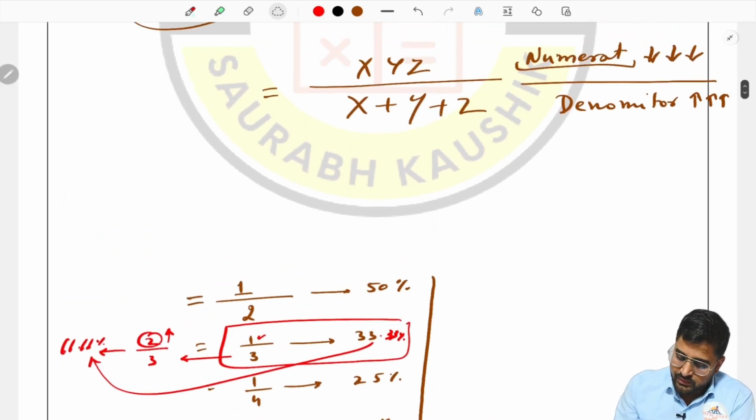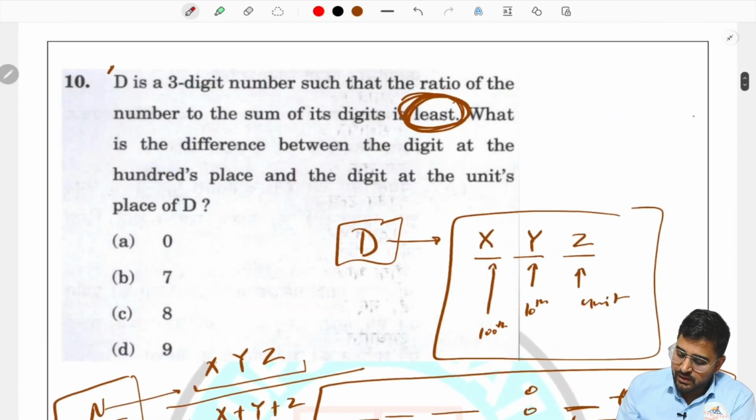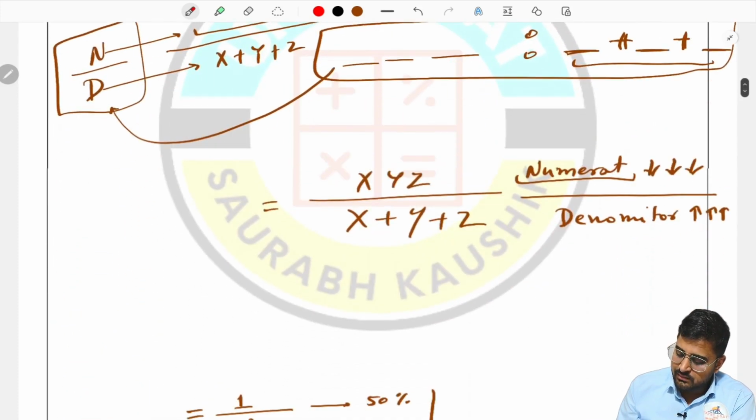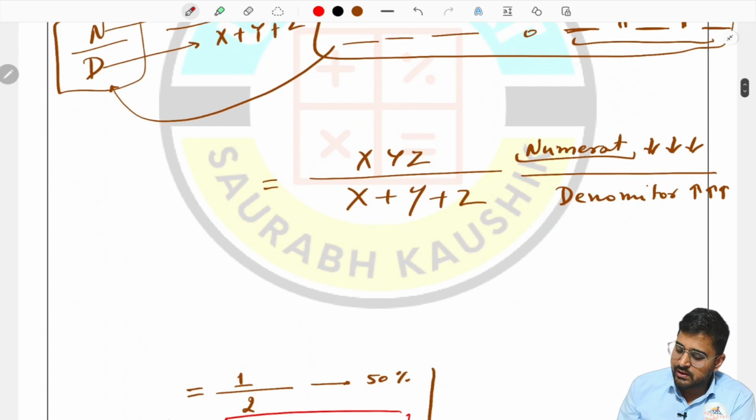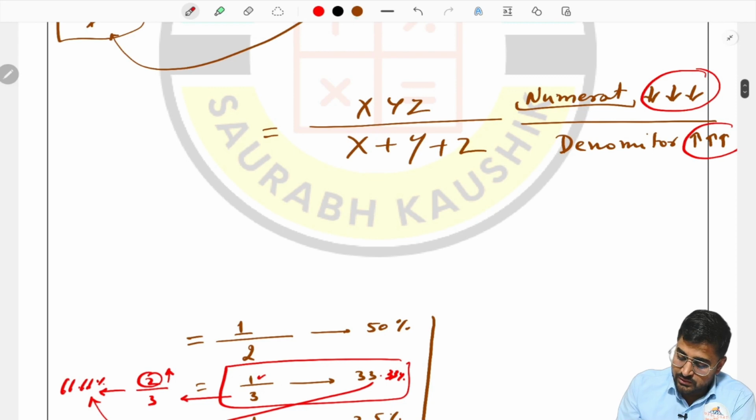Now one thing is clear from this concept, that if we have to find out the least, then we have to put the numerator at the very lowest part and make sure that the denominator is on the higher side. Now how can we do that? That's a big question. So we have numbers from 0 to 9.